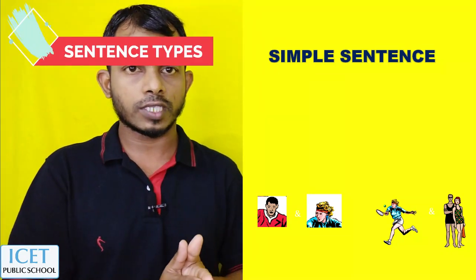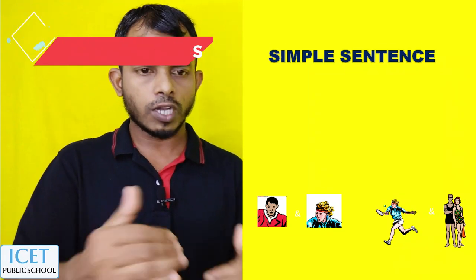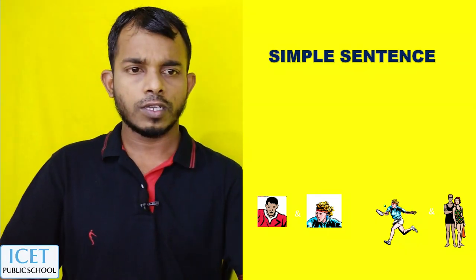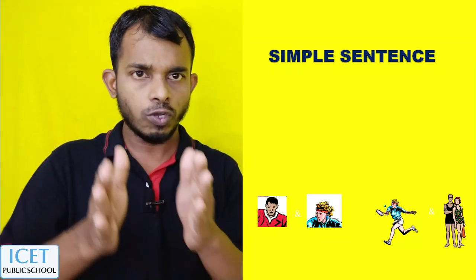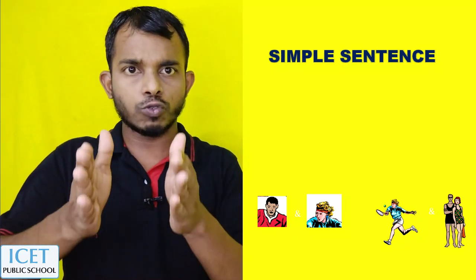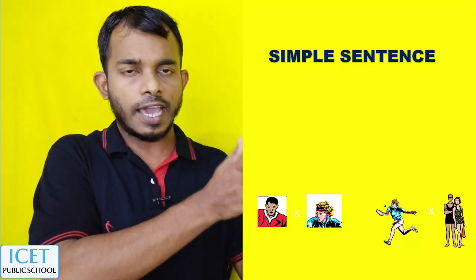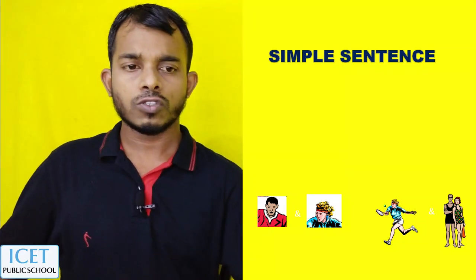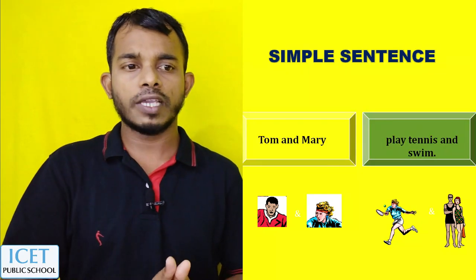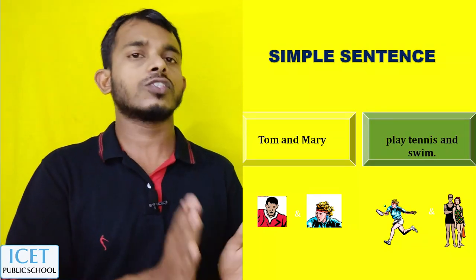I hope you can guess it. That is swimming. So what will be the sentence now? Now there are two persons, two subjects, and two actions also. So the sentence will be Tom and Mary play tennis and swim.